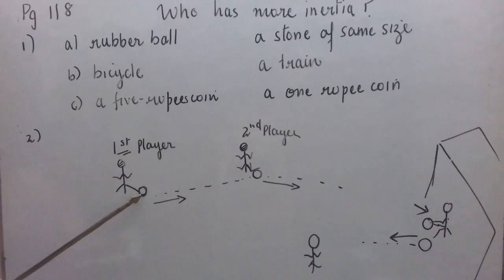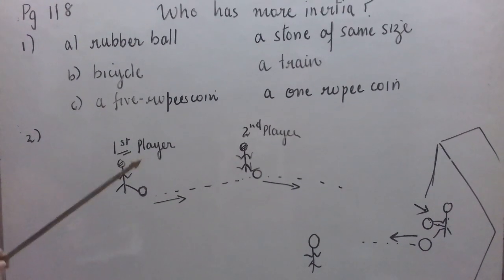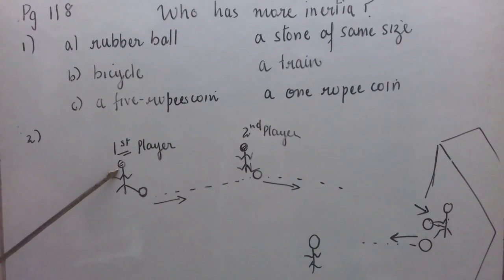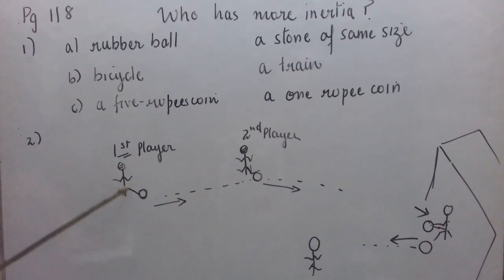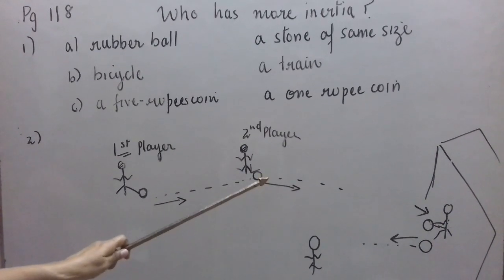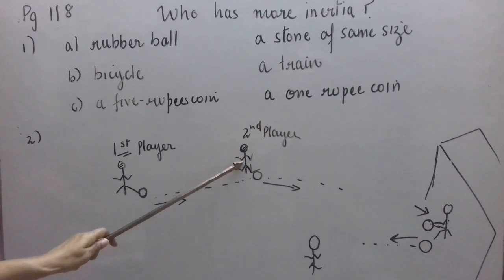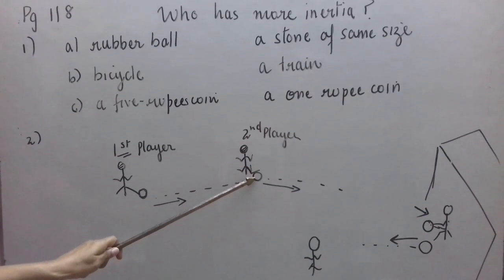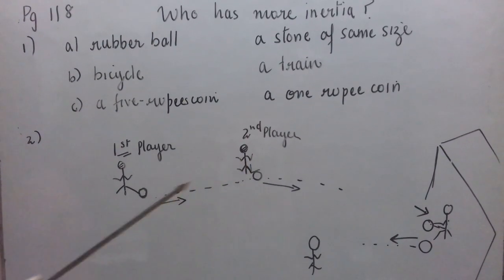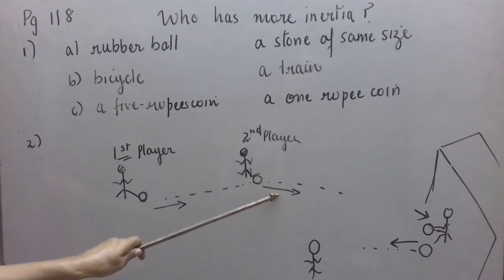So the first time the velocity of the ball changes, and the agent who applies the force is this first player or his kick. Then the second player kicks the ball. So the second player is the agent applying the force on the football, and now the velocity of the ball changes the second time.